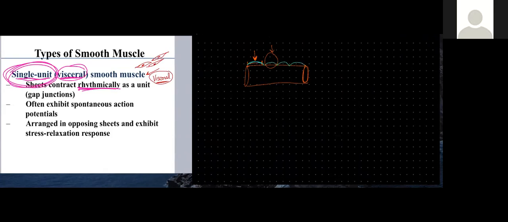So all the smooth muscles in the wall of this part, let's say the small intestine, are going to need to get the stimulus and respond to it. I need the stimulus to travel freely between those smooth muscle cells for all of them to act as one unit. So we call this a single unit smooth muscle or visceral smooth muscle.